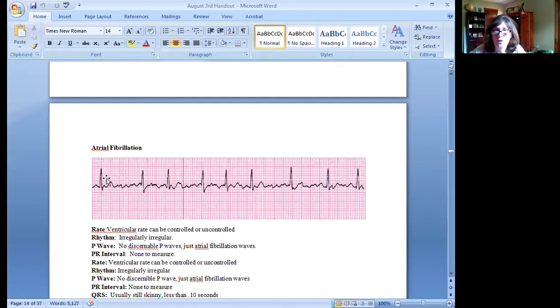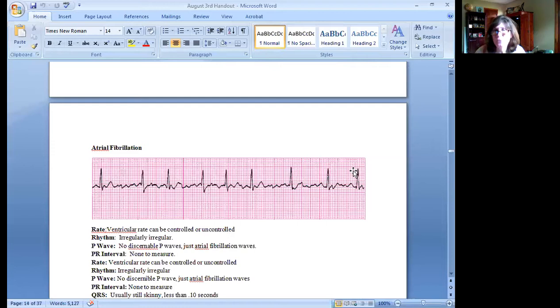Let's count it. 1, 2, 3, 4, 5, 6, 7, 8, 90-ish. The rate's 90. Well, that's good at least, because that ventricular rate of 90 is controlled because it's less than 100. That's an AFib with a ventricular rate that's controlled, less than 100.